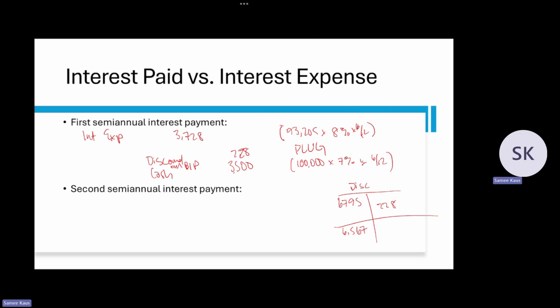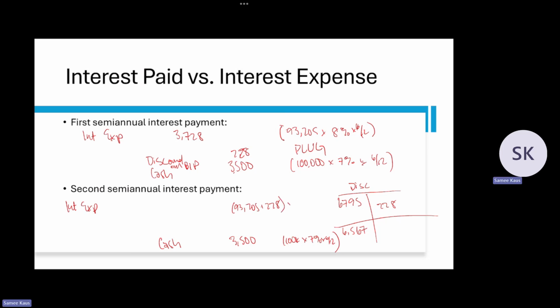So pause the video and see if you can figure out the second semi-annual interest payment. Well, the first thing I'm going to start with is that my cash is always going to be this 3,500, which again is just my 100,000 multiplied by 7% multiplied by 6/12. That never changes. Now, how do I calculate my interest expense? Well, I need my carrying value. My carrying value is what I started with, my 93,205, and I added 228, so I'm adding that to my carrying value.